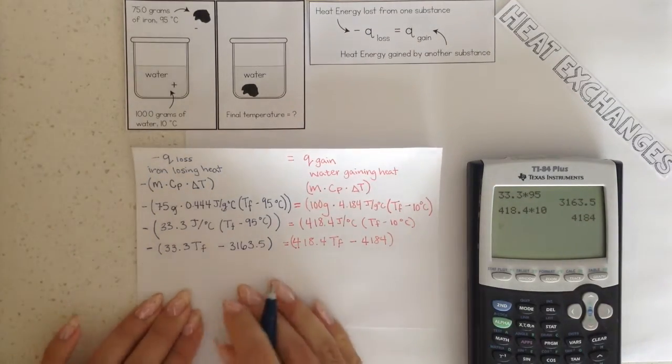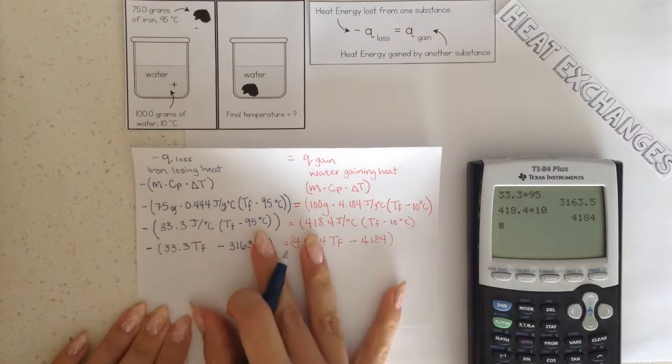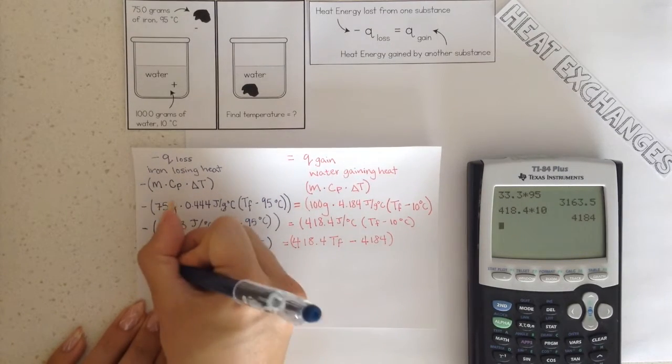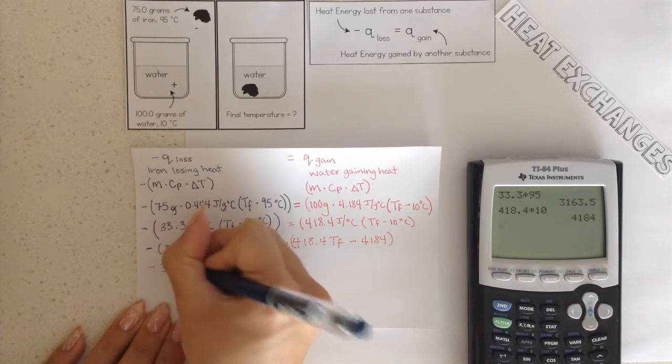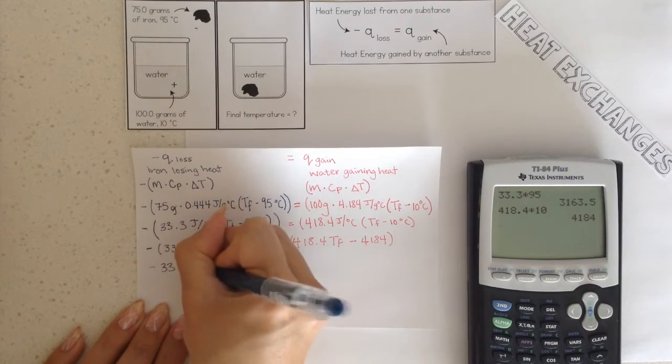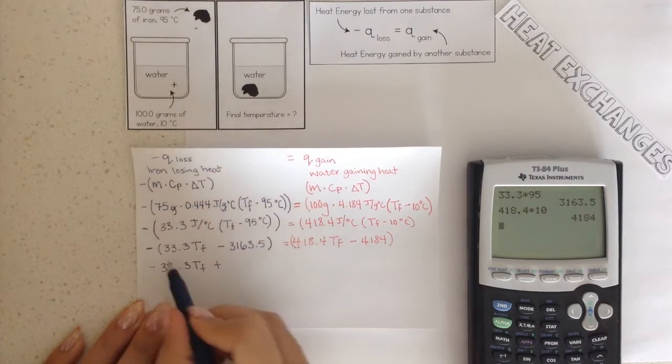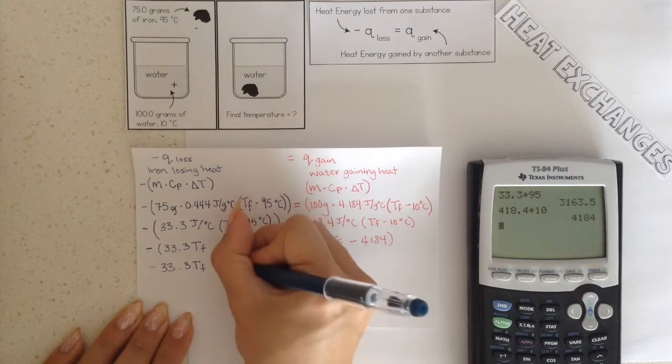Going to distribute the negative sign there. Negative times a negative is positive.